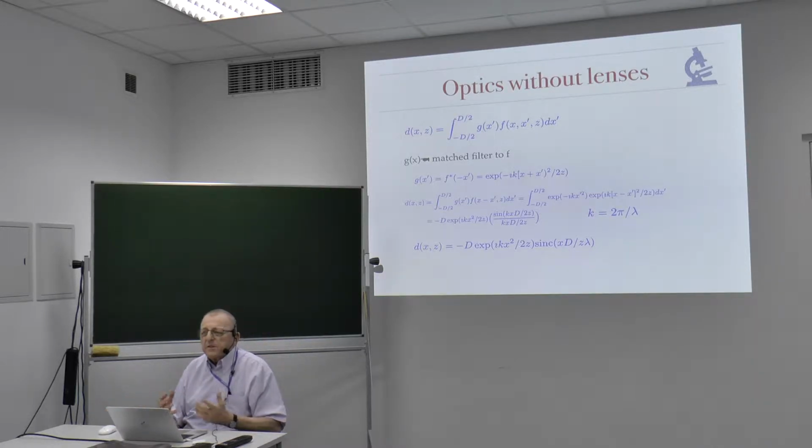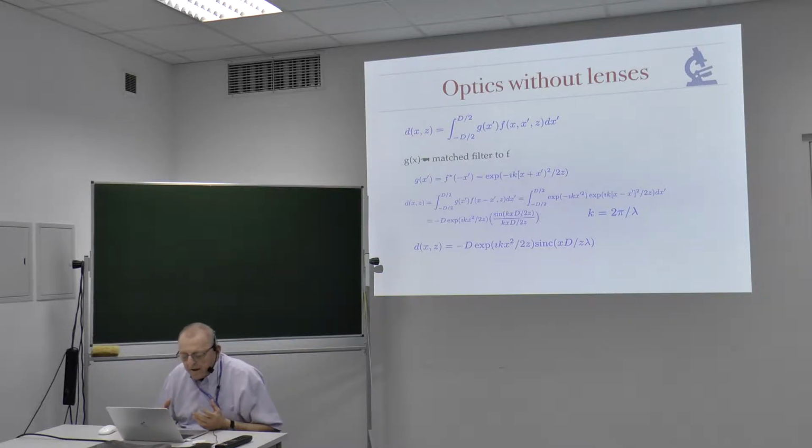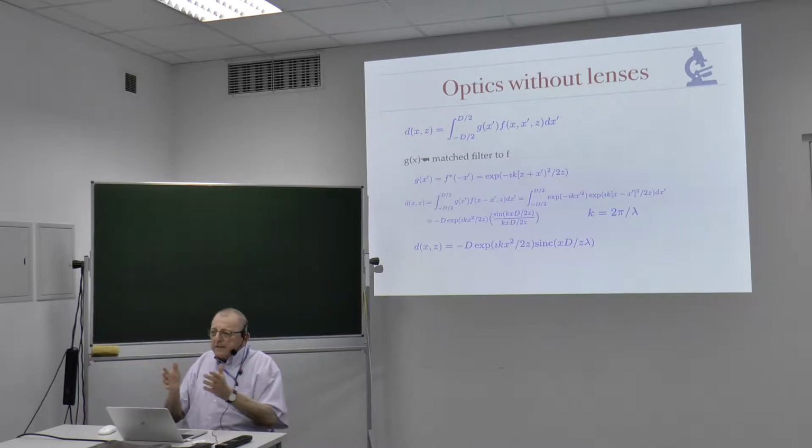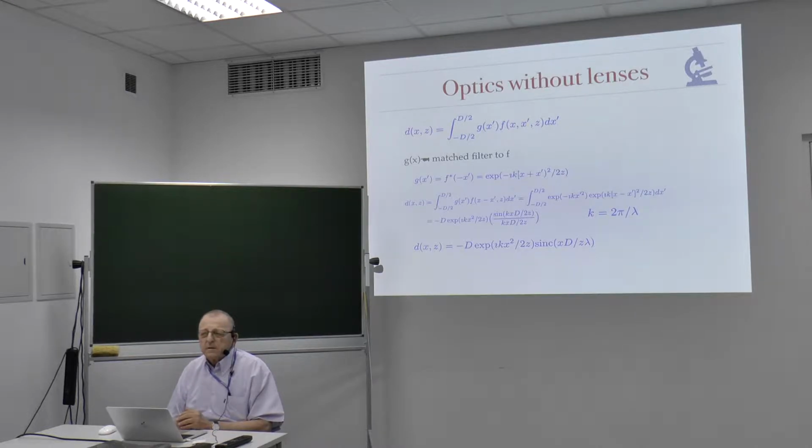And as you see, almost everything is gone there, with the only difference being d, the aperture of the lens, and of course the wavelength. So if I want to get rid of my lens, I can remove the lens and put up some electronic device, a filter, which will just have this mathematical property, as you see on the slide. And then I can do whatever I have done with the lens, I can do without it.